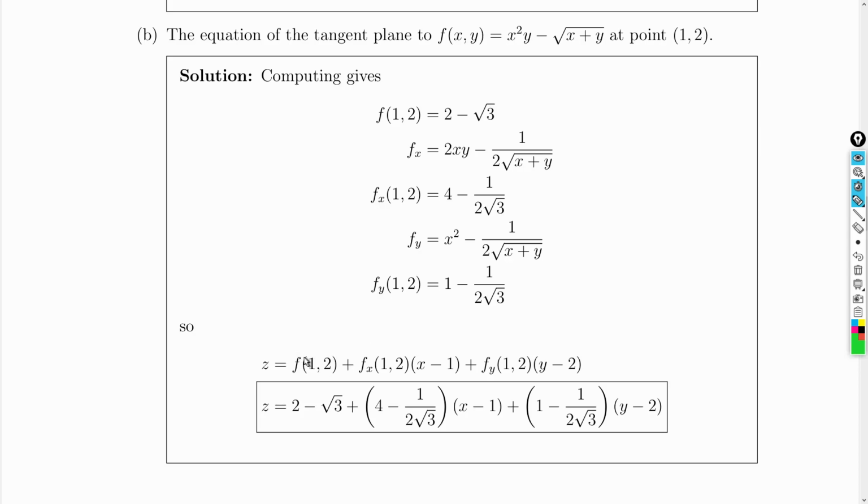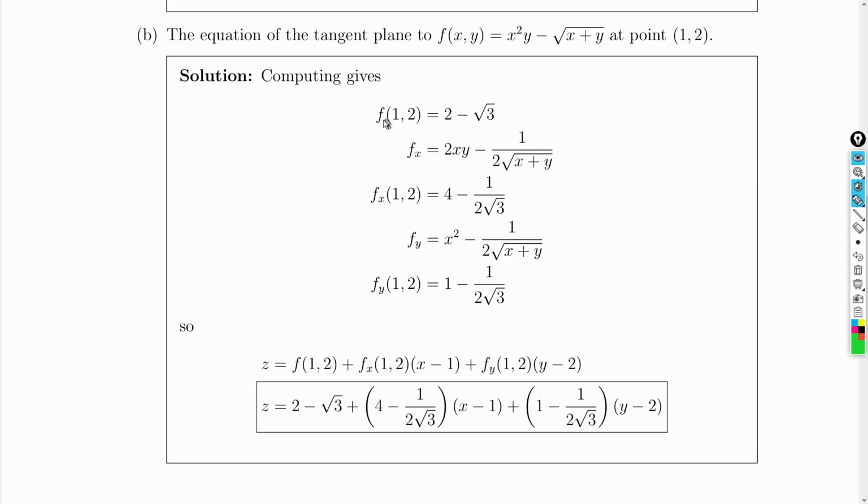Whatever the point is, you plug in at the point, and a and b would be if your point is equal to (a, b). That's how it works. So compute all of the necessary components and then plug in.